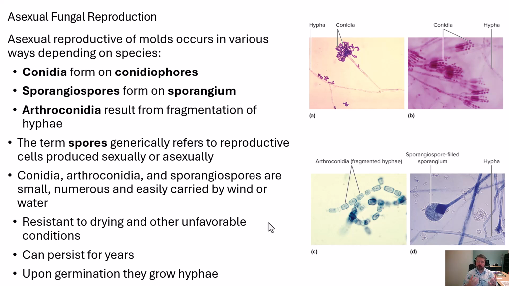We found fungal spores in many places that, if given the right conditions, germinate and produce hyphae. Sometimes this is of concern, especially for archaeologists going into some of these old tombs. Just as we talked about the endospores for bacteria having the capability of persisting for a very long time, fungal spores can also persist for a long period of time.